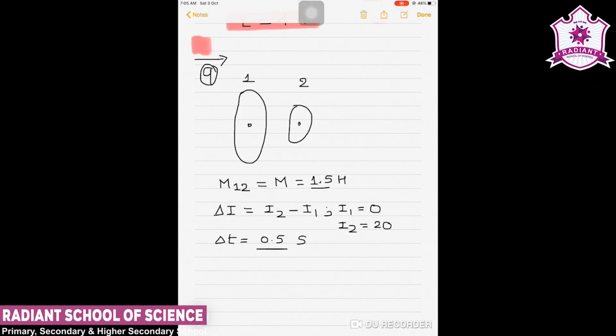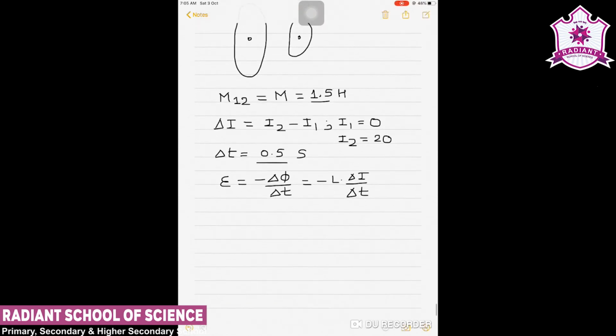So with all the terms that we are given, we can have the equation of flux linkage with it. Now we can apply the equation E is equal to minus delta phi by delta T, which can be compared with minus L delta I upon delta T. Here the minus signs will cancel each other.